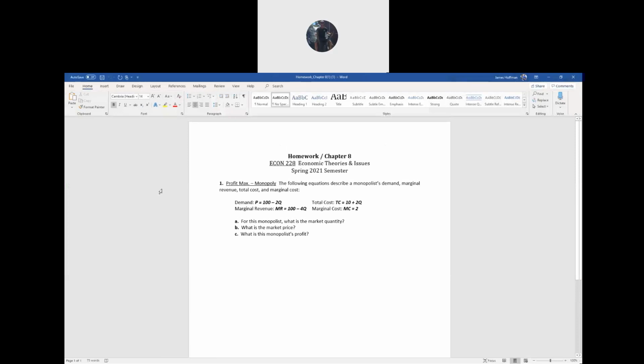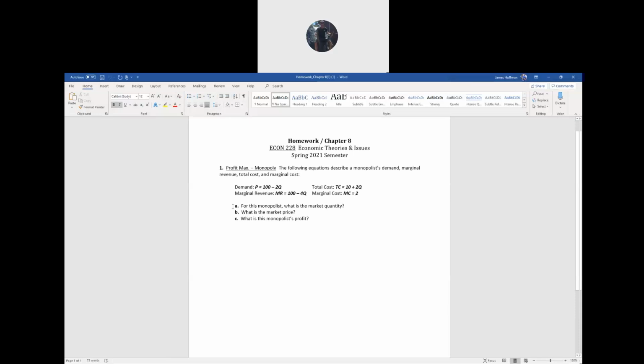Okay, so here's one question doing the profit maximizing exercise for monopolist. This is for chapter 8. This is due next Monday as well. So you've got here a demand curve, MR curve, a total cost curve, and a marginal cost curve. Okay, so use those curves to do this question.